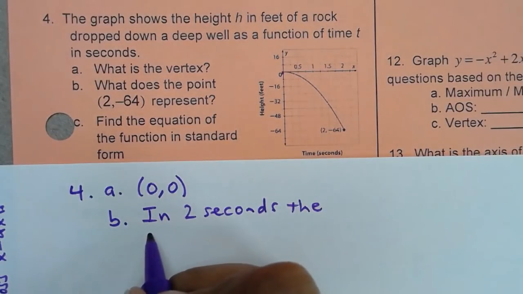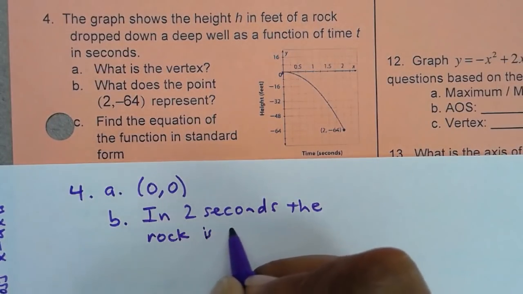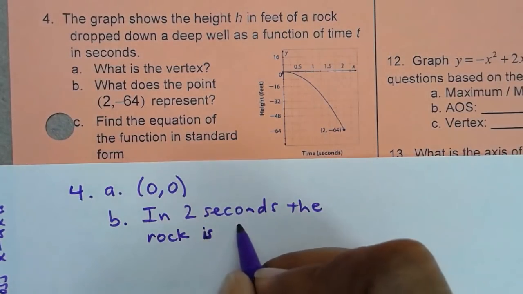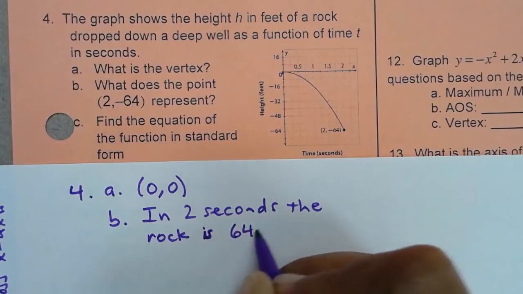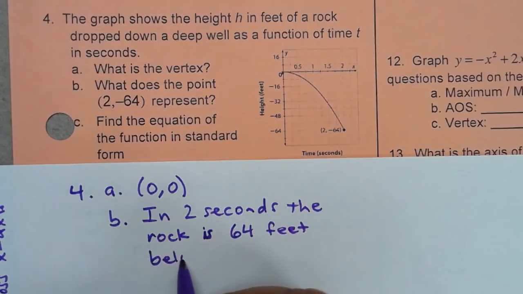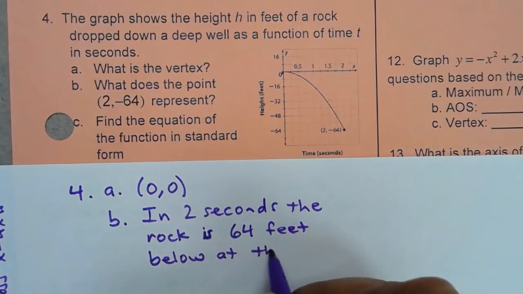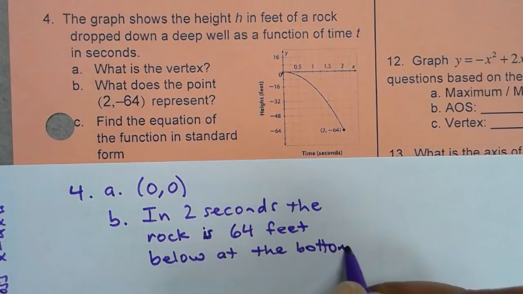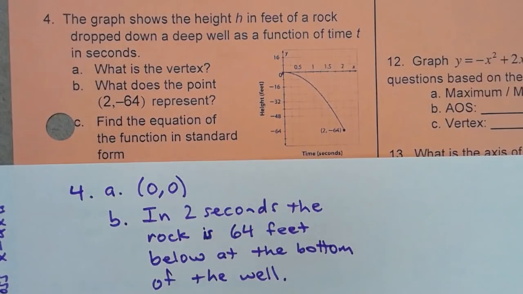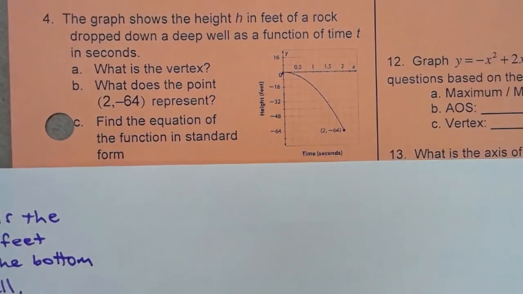This rock is 64 feet below, or you can say at the bottom of the well. And then Part C asks you to find what is the equation of this graph here.